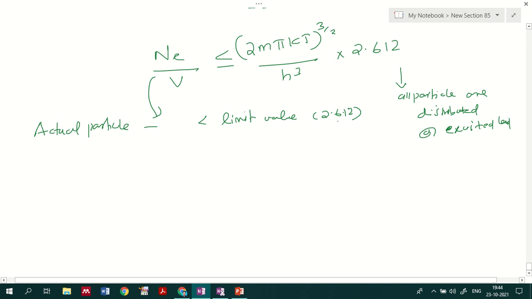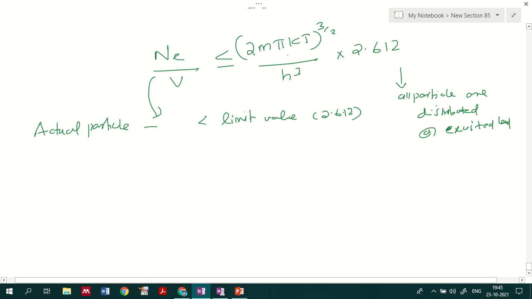So for z equal to 1, g3/2 is 2.612. If you substitute that, this is the maximum possible number density of particles at the excited level, Ne/V. Now sometimes the number density increases beyond this limiting value.